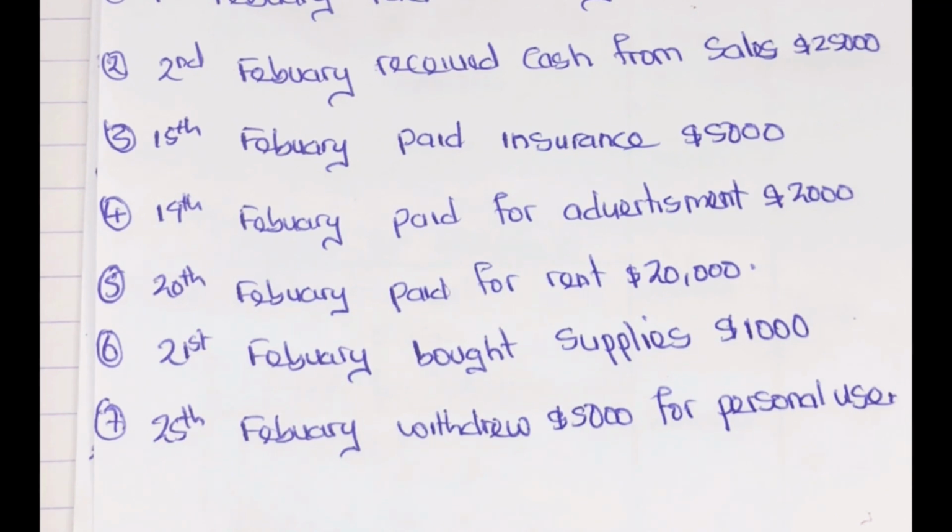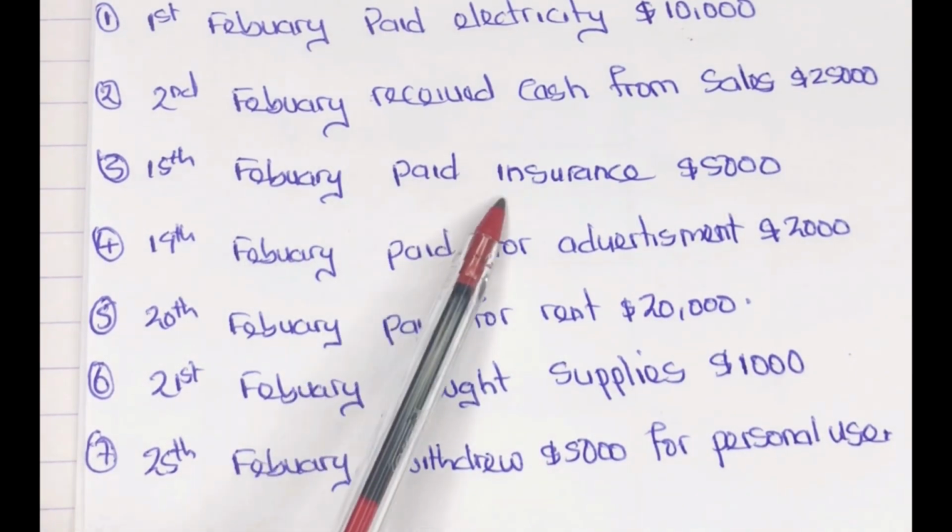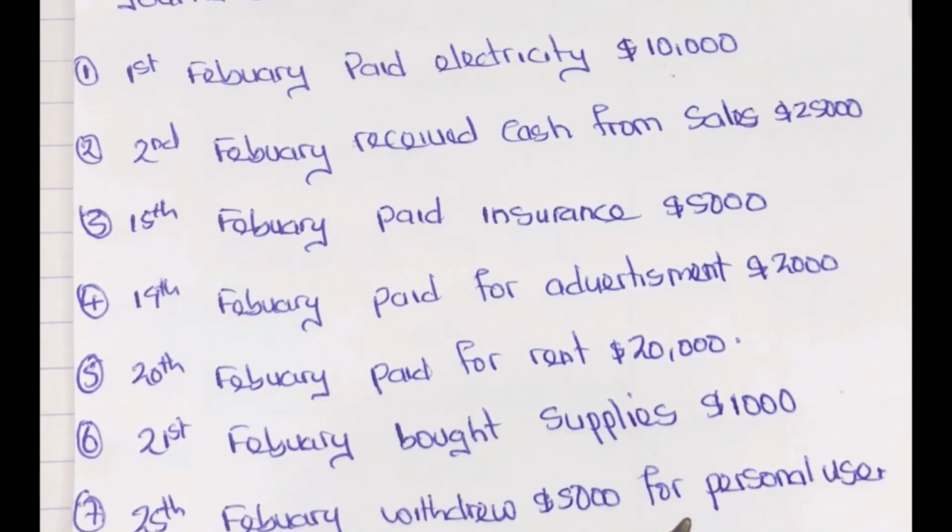Those are the 2 accounts being affected in the transaction. And then which account is receiving? We are paying for insurance. It means that the insurance account is receiving and the cash account is giving. So we debit the insurance account and we credit the cash account.